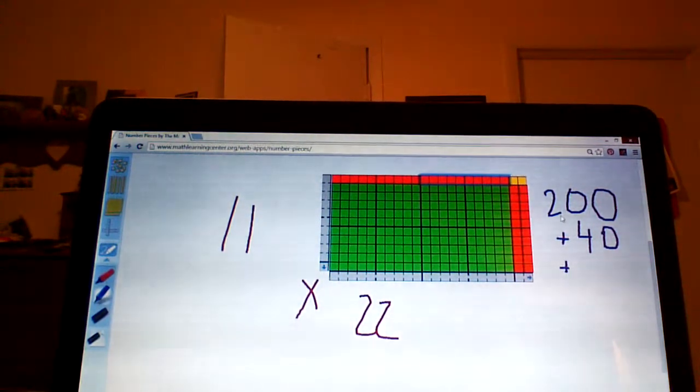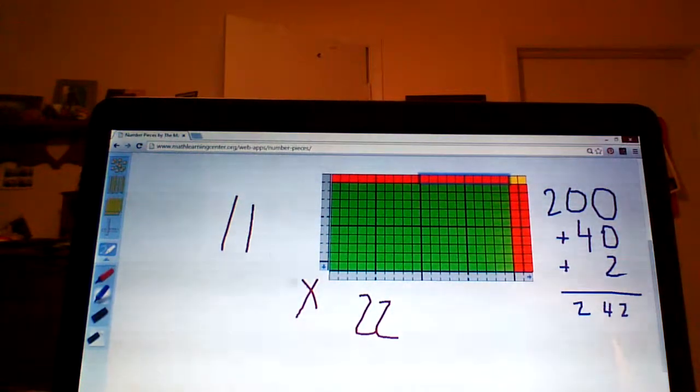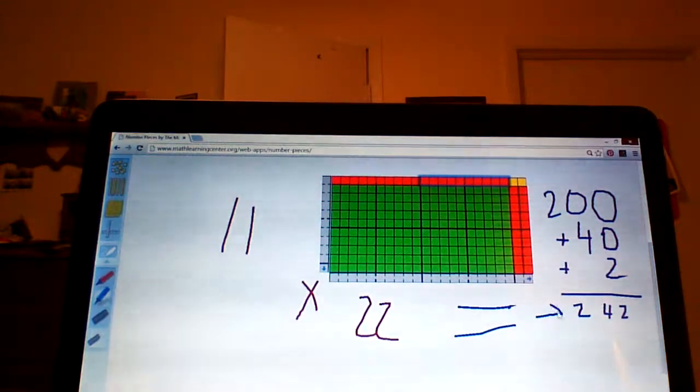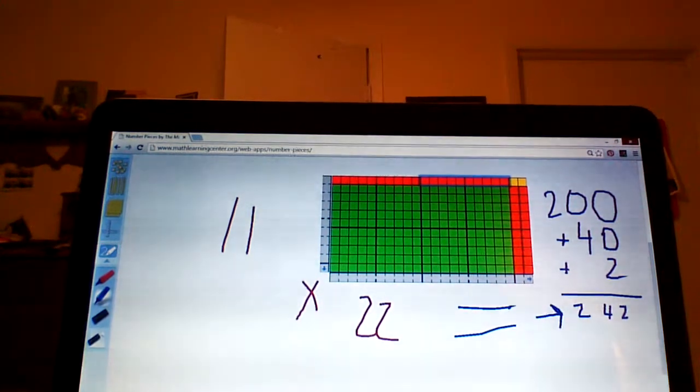And then we have 2 units. So if we add that up, it'll be 242. 11 times 22 equals 242. Okay? Now let's do division.